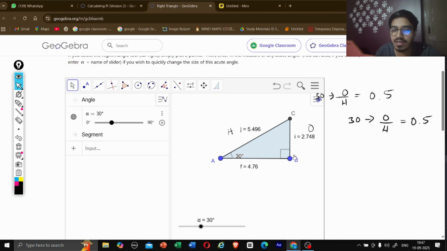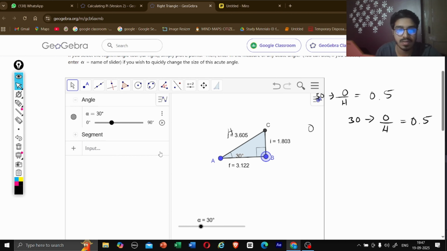Now, I'll take a little bit smaller triangle. So here, I is the opposite side, and J is the hypotenuse. Again, we will do the same thing: 1.803 divided by the hypotenuse side, that is 3.605.